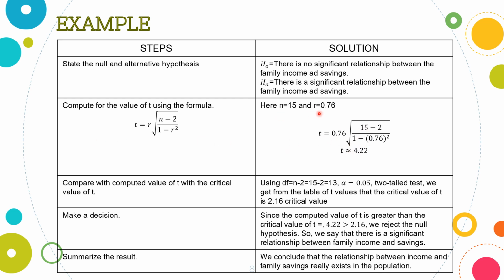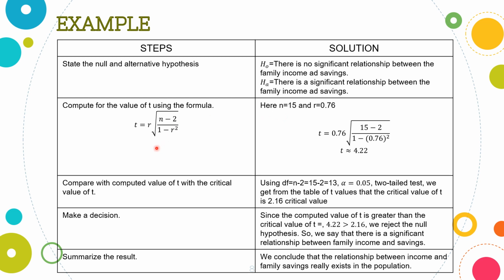But if the value of R is not given, of course, you will use the formula of correlation. Okay? So, you get first the value of your R. After getting the value of your R, then you state your alternative and null hypothesis, which is a two-tailed test based on the problem given.